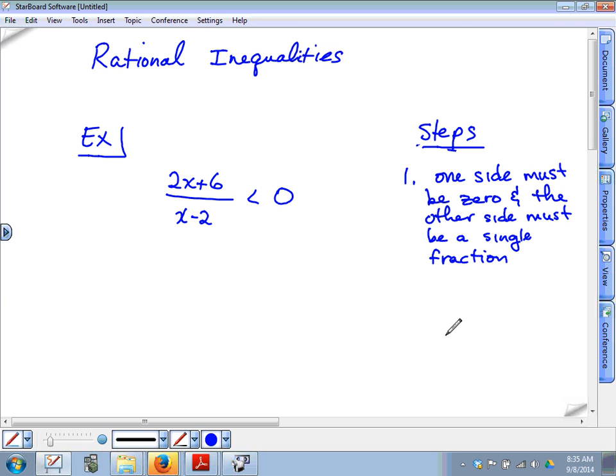It's really, really important that one side is 0. It doesn't matter where the 0 is. It could be on the left side or the right side, but one side has to be 0. The other side has to be a single fraction.